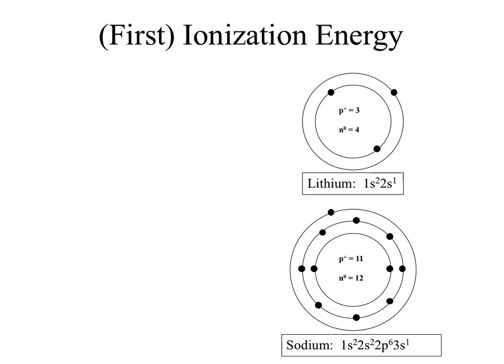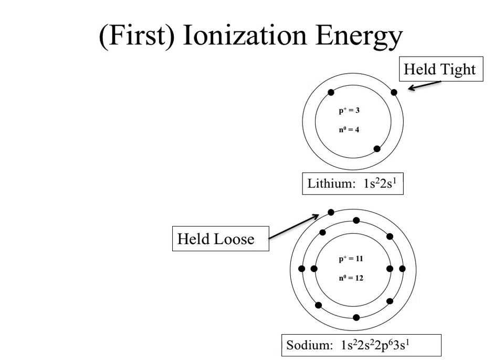No. So the bigger the atom gets, the easier it is to lose those electrons. Smaller atoms hold their electrons nice and tight, whereas larger atoms are a little looser. The bigger you get, the looser it's going to be. That means the less energy it takes to pull electrons off.